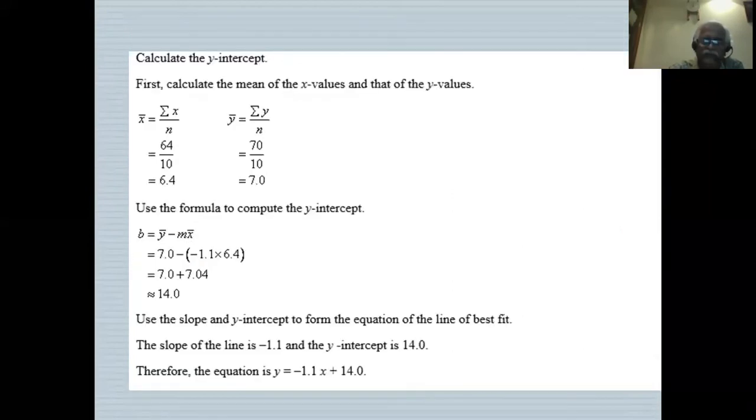Next. Now x bar is equal to 6.4 and y bar is equal to 7.